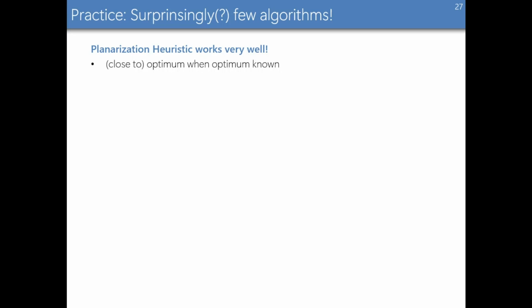And it's actually the only heuristic in practice that we have available. And it works very well. It typically finds optimal solutions, or at least close to optimal solutions, and you can rerun it a couple of times with heavy post-processing, and you'll mostly end up with optimal solutions for those graphs where we know the optimal solutions.